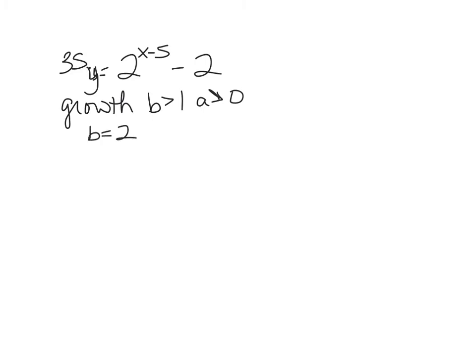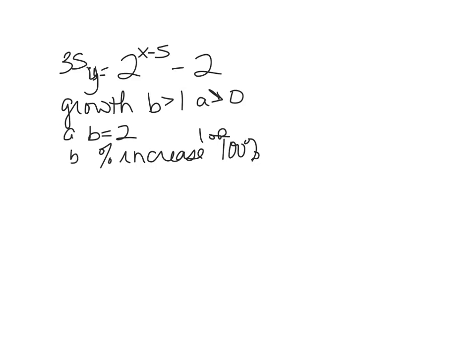B is 2. It's my growth factor. And my growth factor is 1 plus the rate, or percent increase or decrease. So my percent increase is 1 or 100%. The growth rate would be 1. The percent would be 100%. So that's A and B.